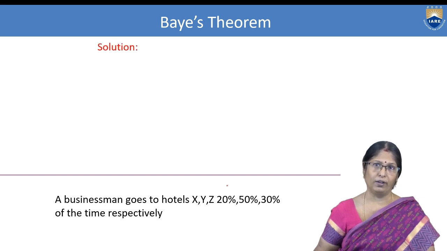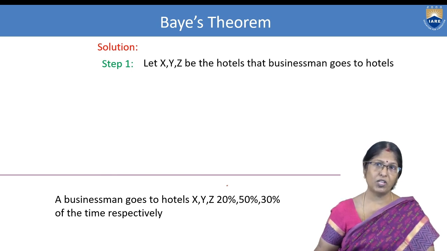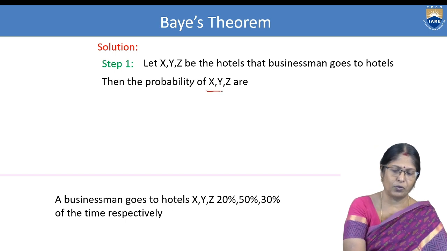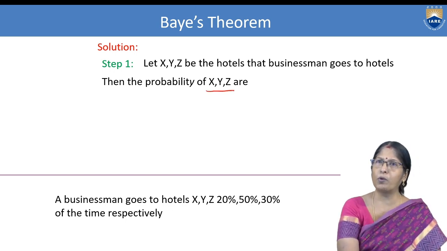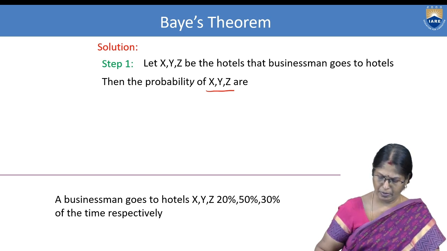That is step 1. Let X, Y, Z be the hotels that the businessman goes to. The probability of the main events, according to our problem, our main event names are X, Y, Z. This differs from problem to problem.